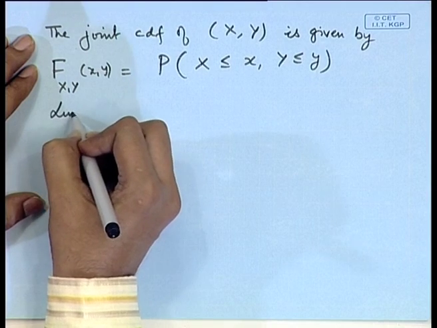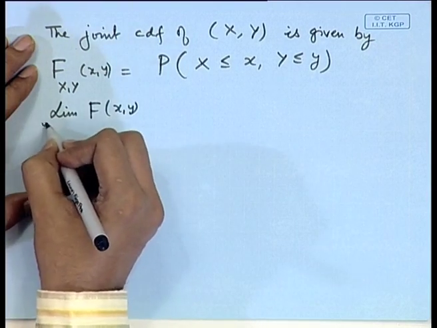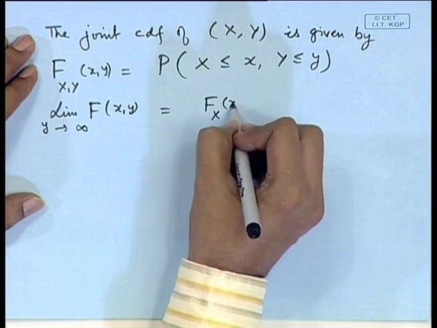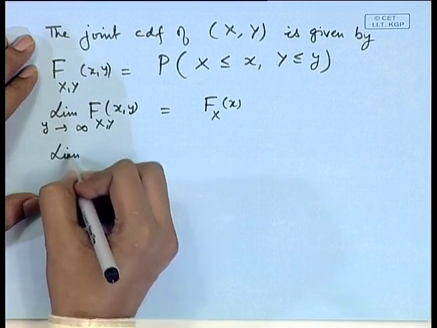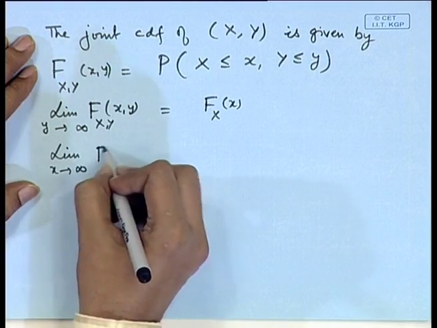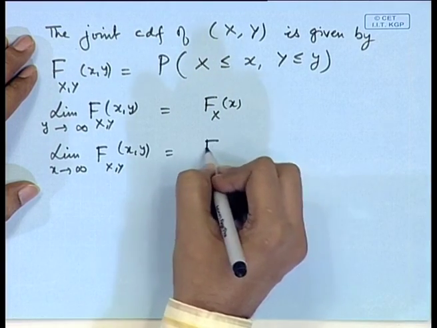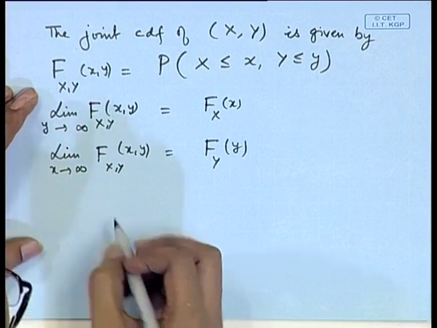So, for example, if I take limit of F(x, y) as say y tends to infinity, this gives the marginal CDF of x. If we take limit as x tends to infinity of the joint CDF, this gives us the marginal CDF of y.